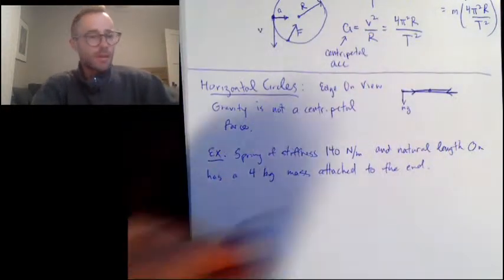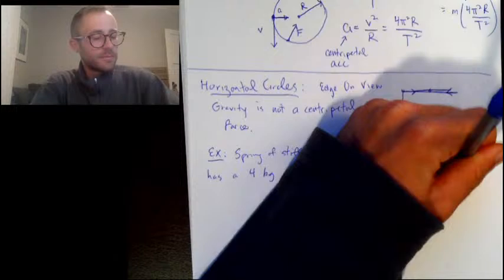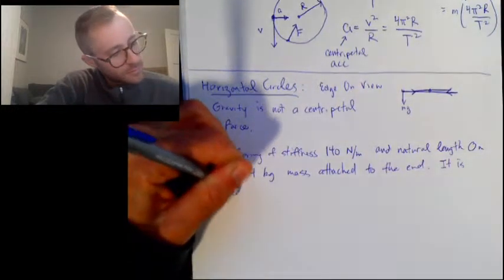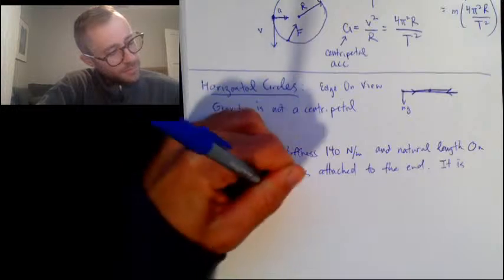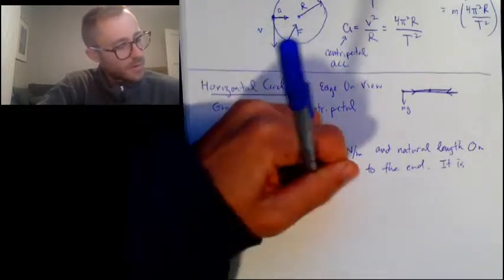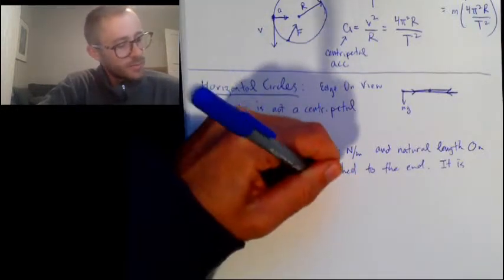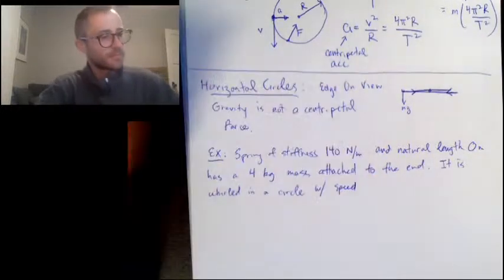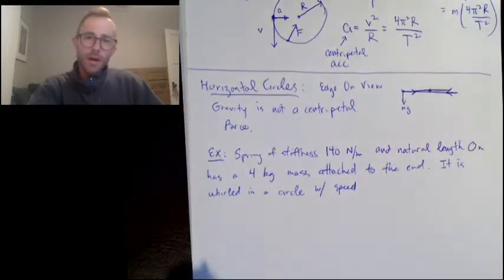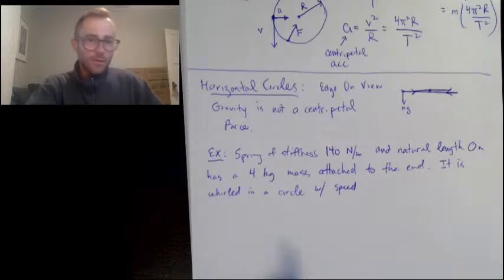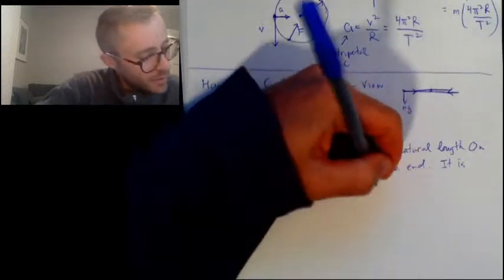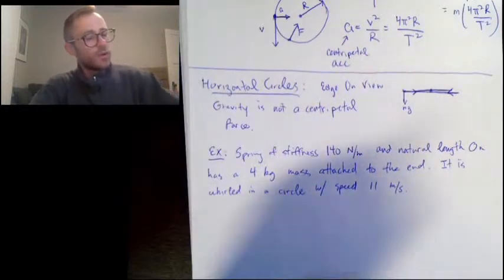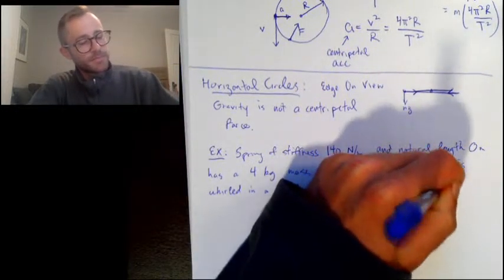It is whirled in a circle with speed 11 meters per second. What is the radius of the circle?